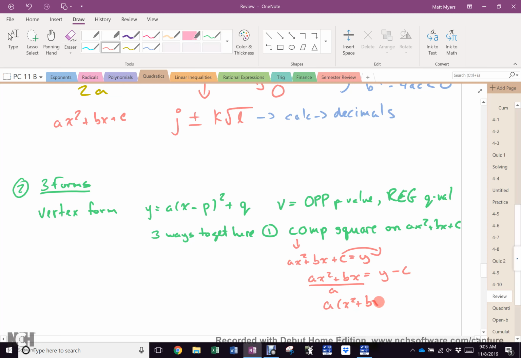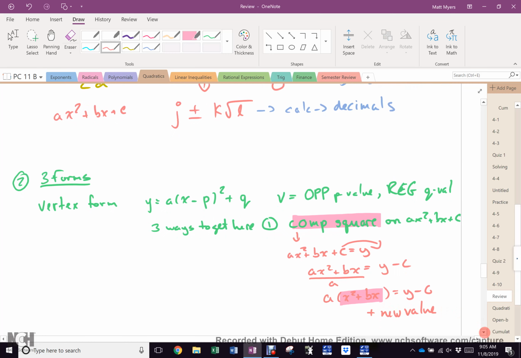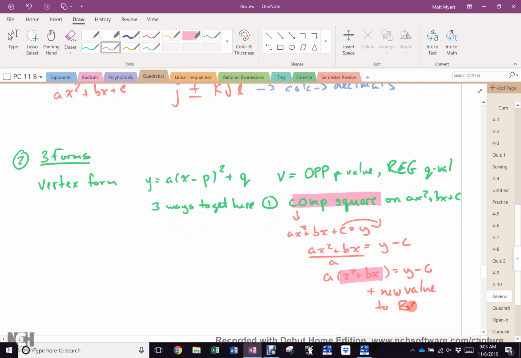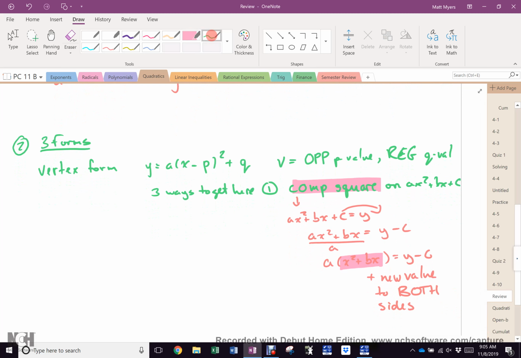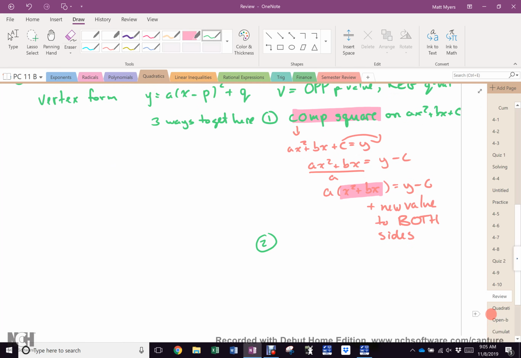Then complete the square there. And remember to add the new value to both sides. So that's number 1. You can complete the square. What's the second way I can get the vertex form?